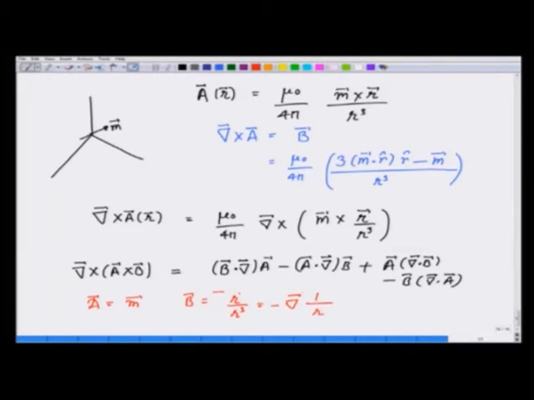All right. Now, since A is a constant vector, this part drops, this part drops.